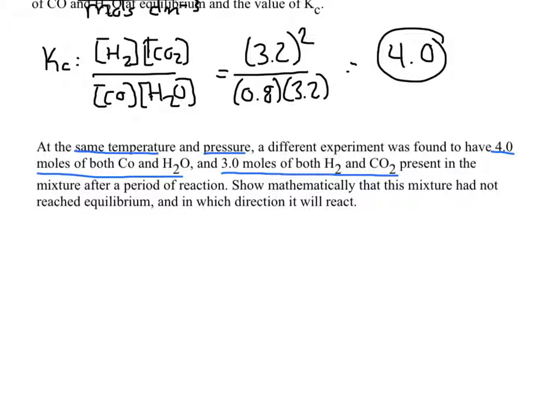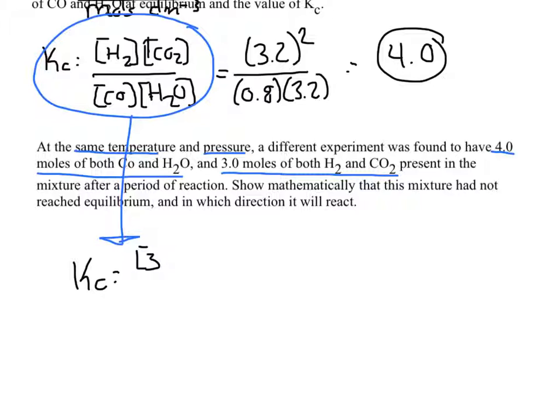So again, I have already written our equilibrium expression, so I'm just going to input our new data. So Kc equals, we have 3.0 squared, because both our products are 3.0, and both of our reactants are 4.0 squared. Do the math, you get 0.56.